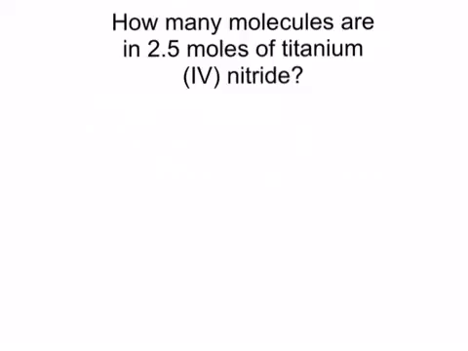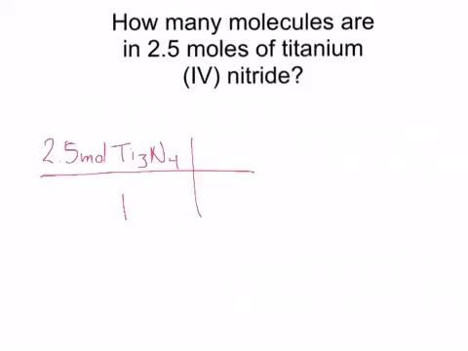Okay, so let's do one more example here. This question says, how many molecules are in 2.5 moles of titanium 4 nitride? So what you do again is set up your tree, put what you're given on the top. If you haven't figured it out, the mol, that's the abbreviation for moles, because you know chemists were really a lazy bunch, so we can't write out the extra E there.